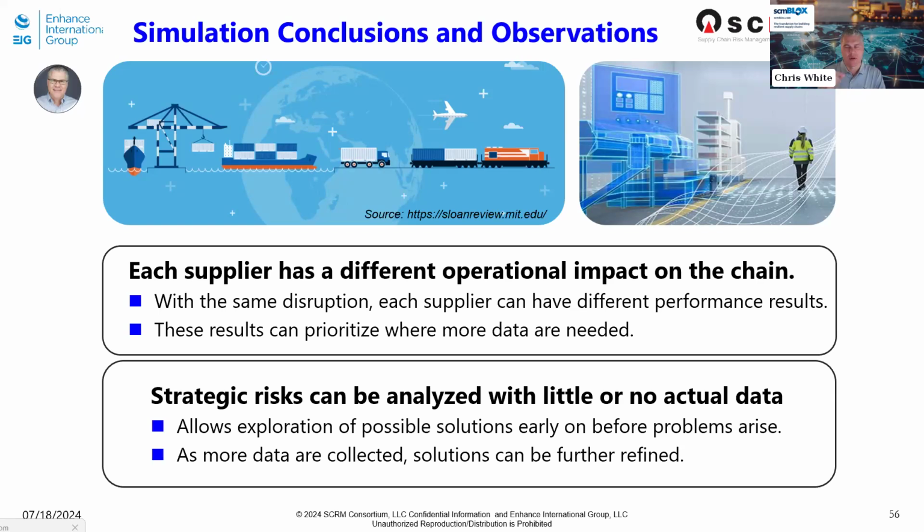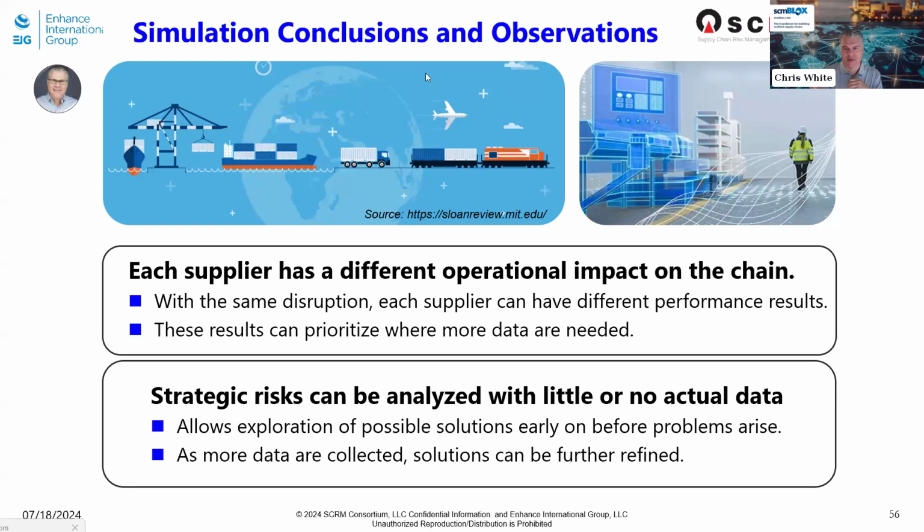What we just showed is with the exact same disruption or shutdown for 2 months due to finances, whatever it is, it could have been weather, it could have been some political change or something, that supplier is offline for a while. But with that same disruption, we showed that each supplier has a different impact on me as the OEM in this particular case on my performance. And so that's very important, because now you can use that information.